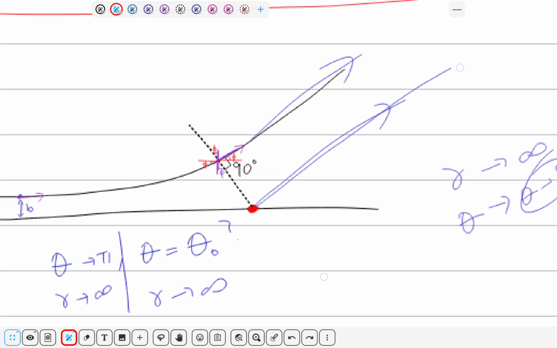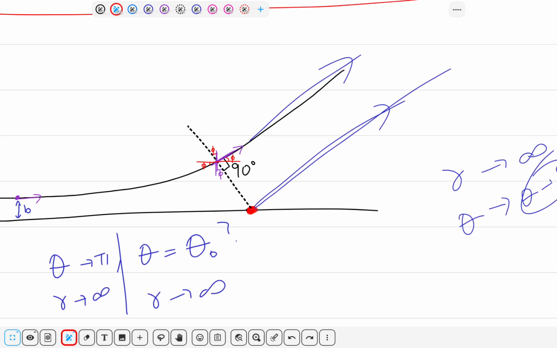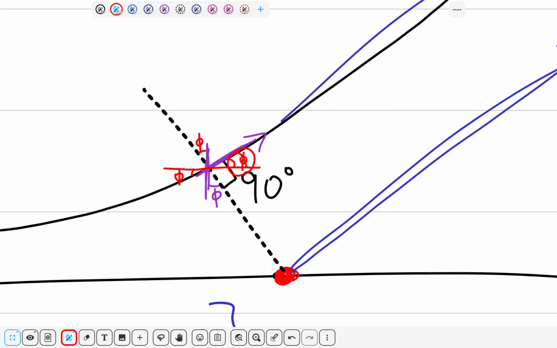I have so many equations which are connecting to so many things. If that is the case, then I think I have a chance. I do have a chance. I can find theta, I mean this phi. So how will I find the phi?